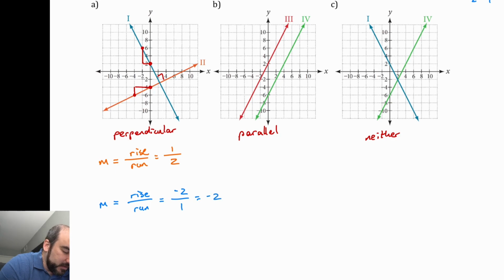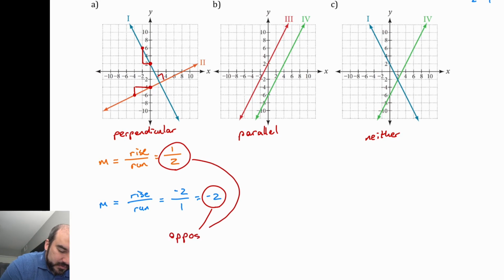So we get -2 over 1, which is -2. And these two slopes, we're going to label as opposite reciprocals.